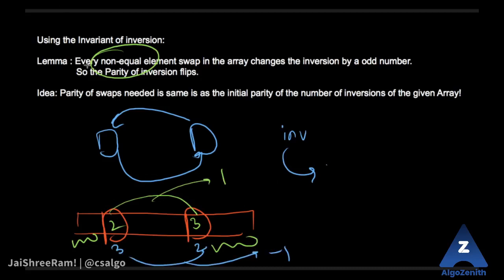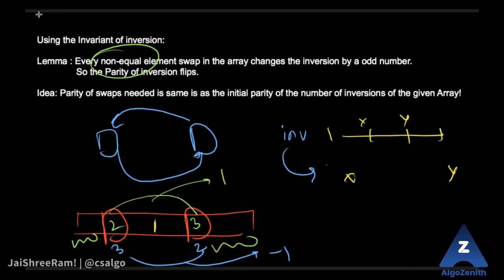Now there are some elements in between as well. Suppose there was a 1 in between. Initially it was forming an inversion with 2 but not with 3. After you swap, it will still form an inversion with 3 but not with 2. Let's say one element is x and the other is y, and on a number line x and y lie like this.